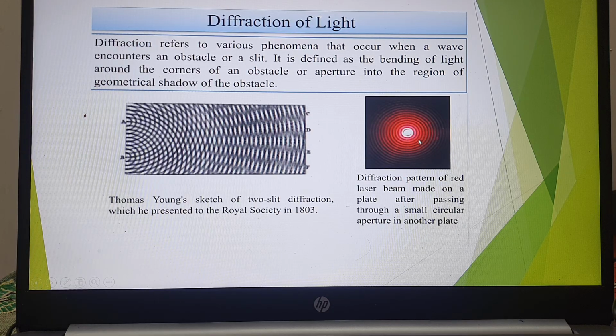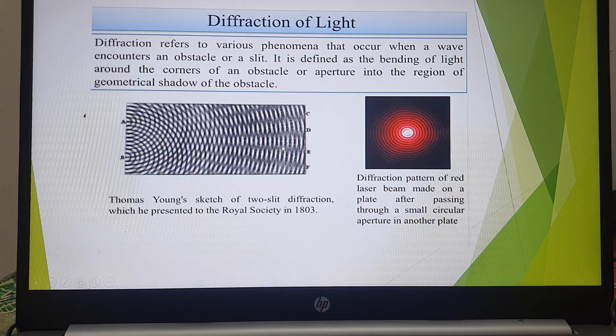Like we already heard about Newton's rings, the pattern is circular in shape. The diffraction pattern of a red laser beam is made on a plate after passing through a small circular aperture in another plate.